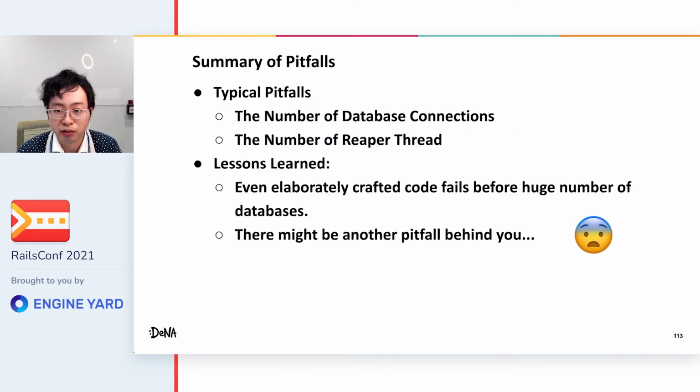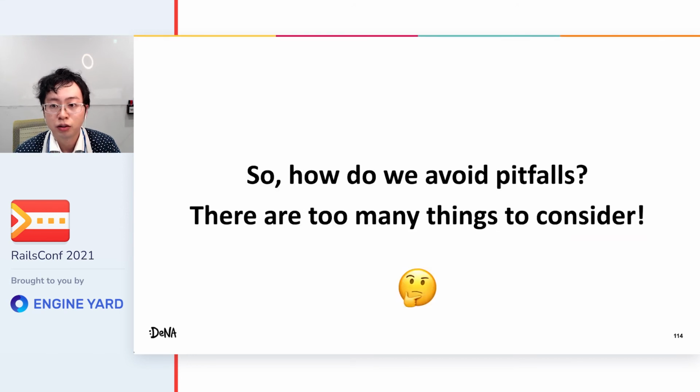The summary of pitfalls is like this. We have learned that even elaborately crafted code fails before a huge number of databases, and there might be another pitfall behind you. So, how do we avoid pitfalls? There are too many things to consider.